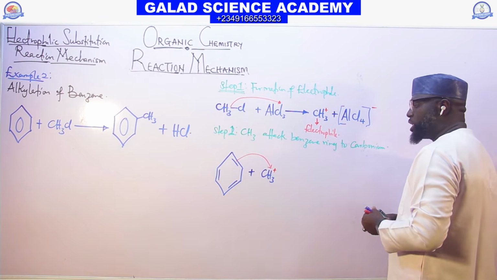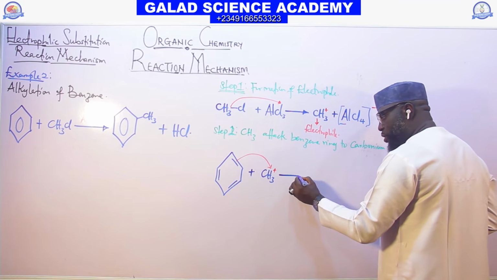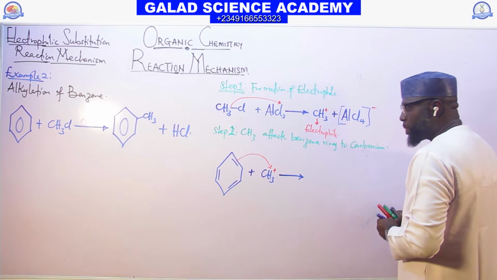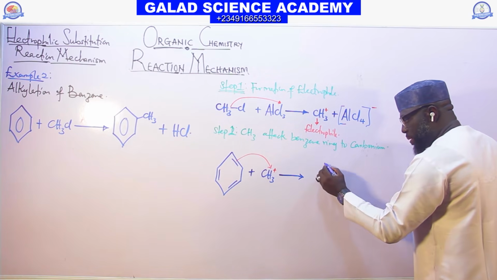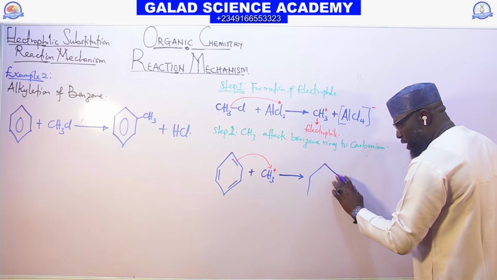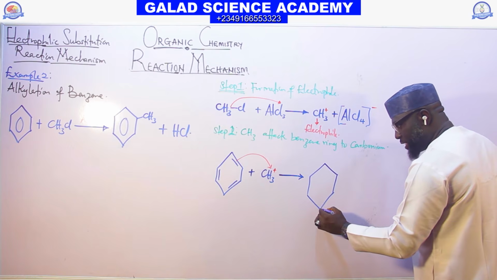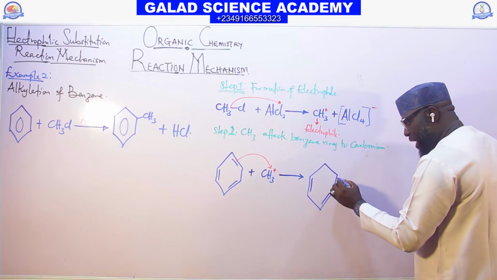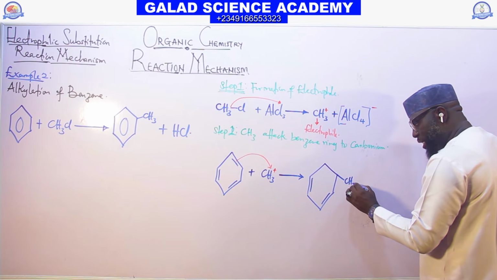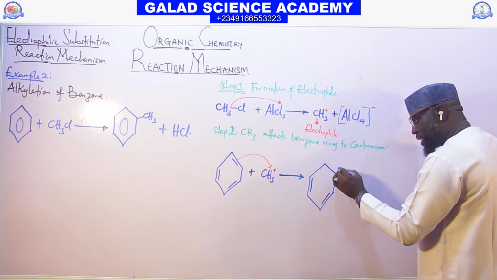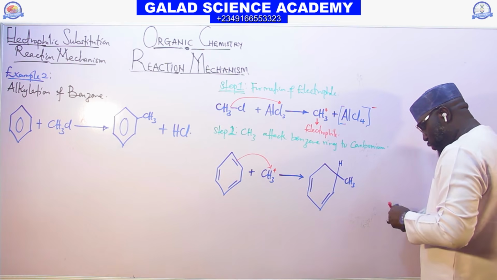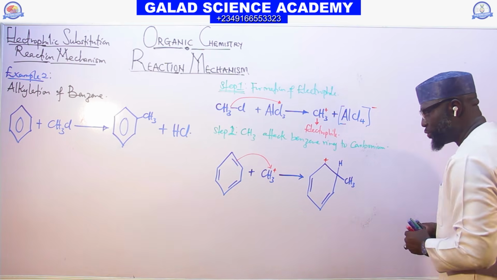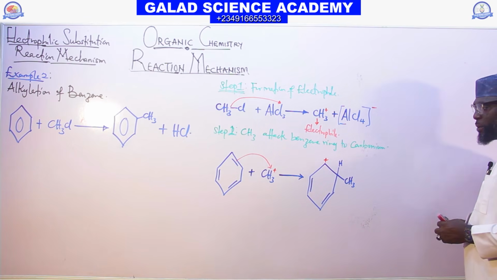When the pi electrons are attracted, the benzene structure gives us another form like this. We have this bond remain here, this bond remain here. At this side we have CH3, and at this side we have hydrogen. Don't forget, on top here, we have the carbonium ion.